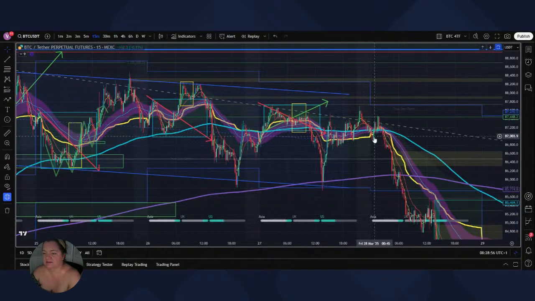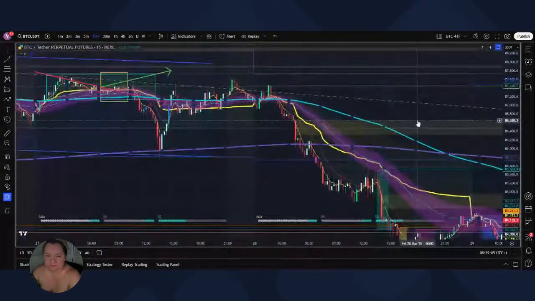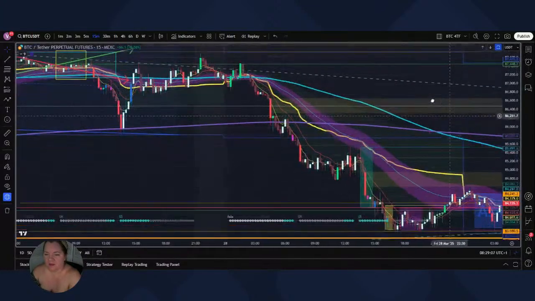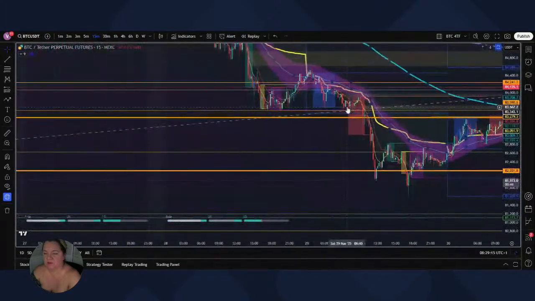So this big candle here, you probably had a million people trying to go long here, and what did they do? They ripped it down. That's a massive move. So that's all Friday. Crazy. Big move. Really big move.